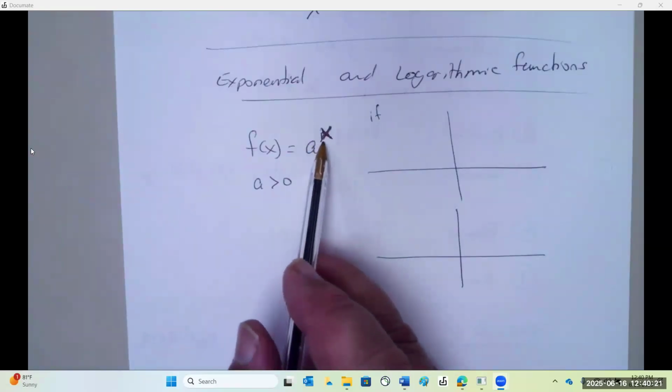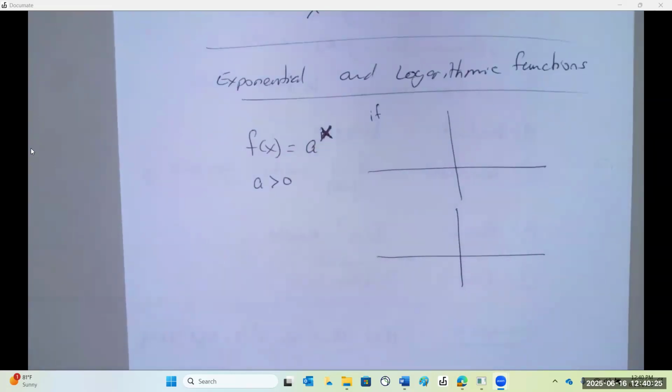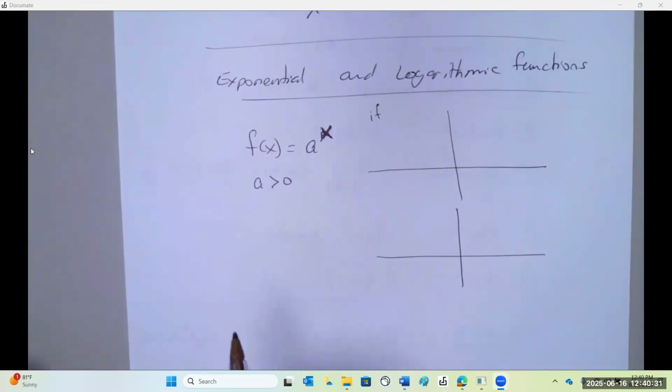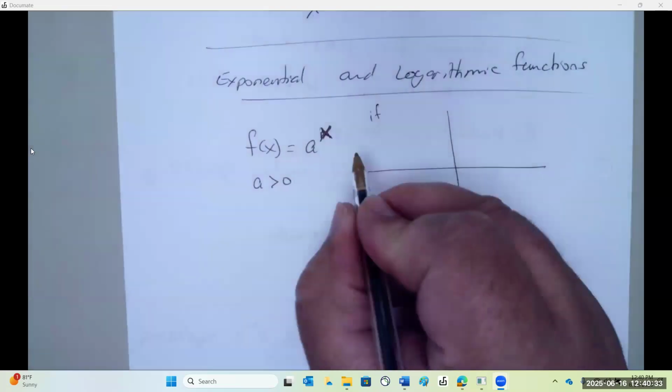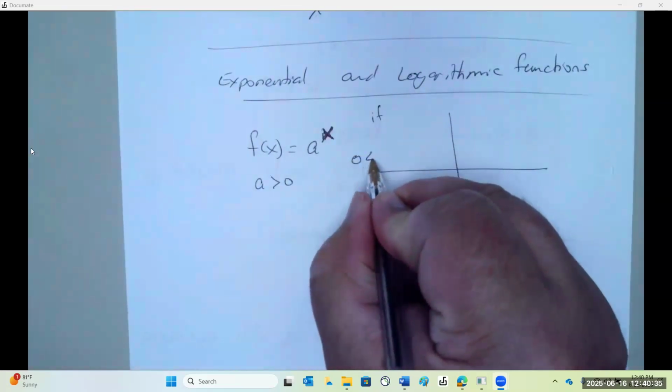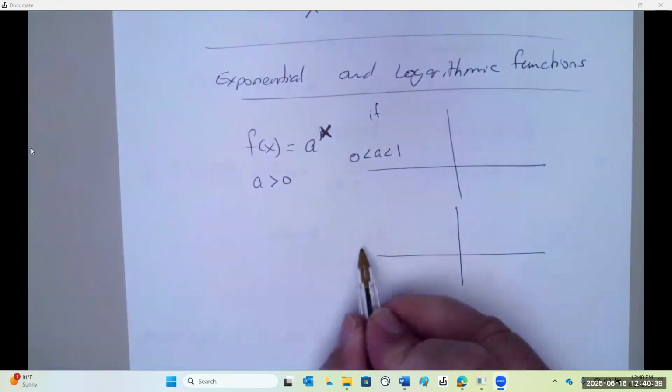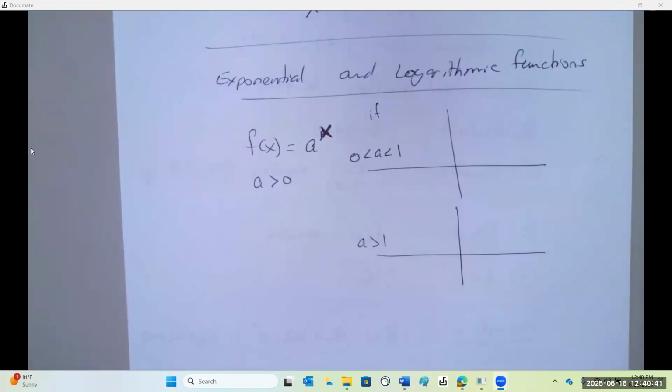If x is odd, it's negative. So in other words, we would have an alternating graph if A was negative. So A has to be positive. Then we have two conditions: if A is between 0 and 1, and if A is greater than 1.